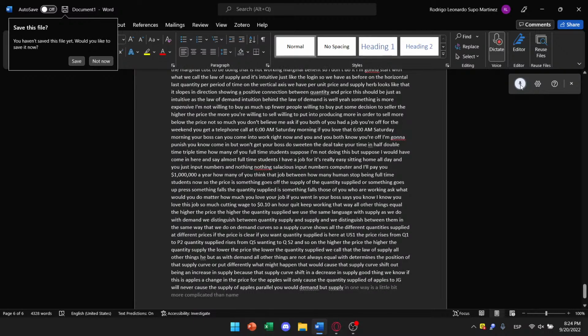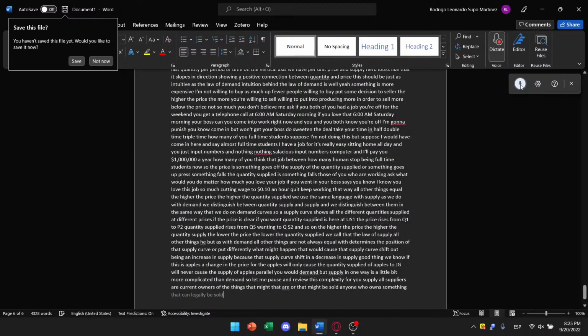Let me pause and review this complexity for you. Supply: all suppliers are current owners of the things that might be sold. Anyone who owns something that can legally be sold is at least a potential supplier of that thing.